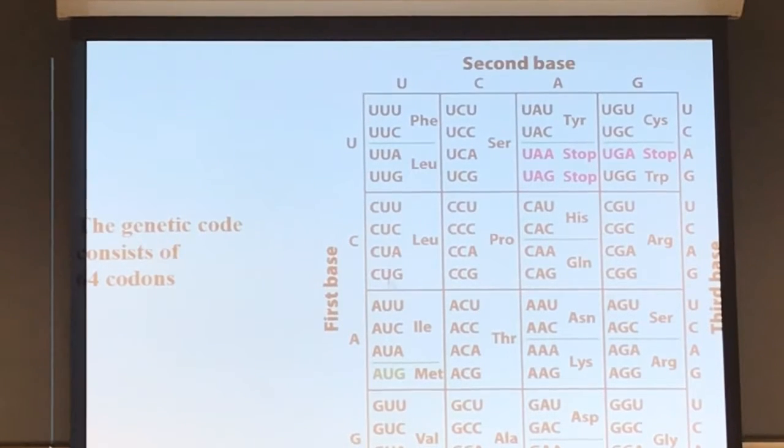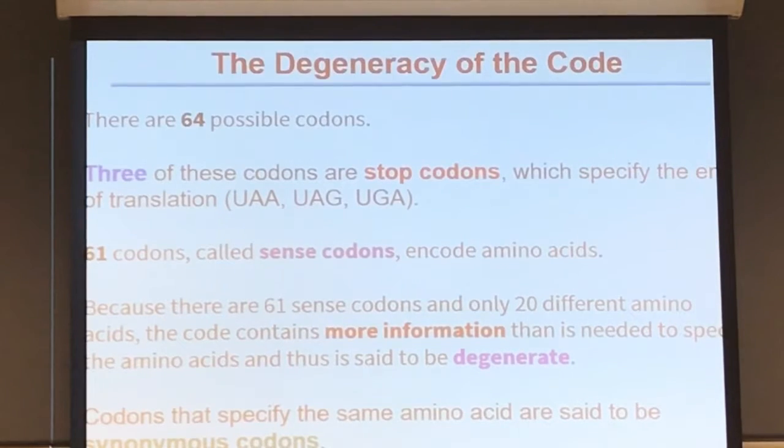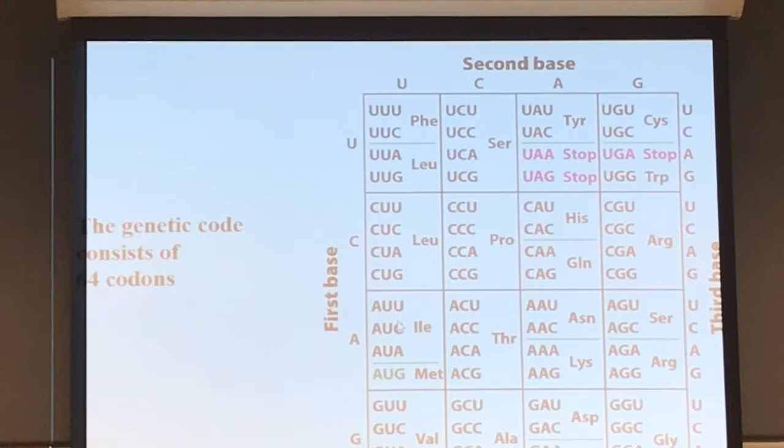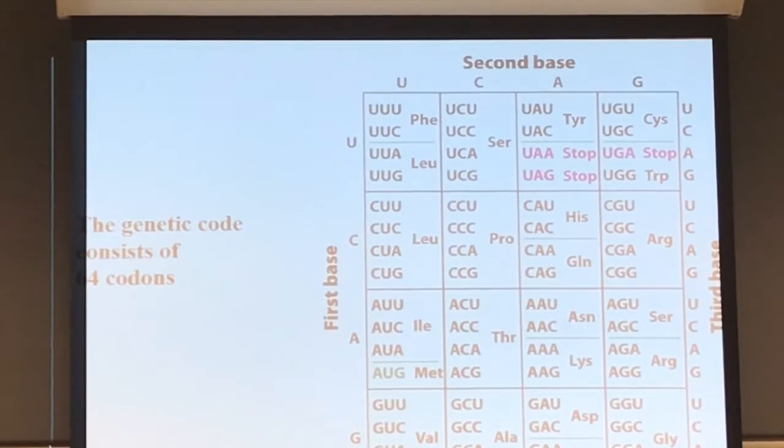So these 4 plus these 2 here, all these 6 are referred to as synonymous codons, because all 6 of them code for leucine. But in general, the whole genetic code is degenerate because more than one codon codes for the same amino acid.